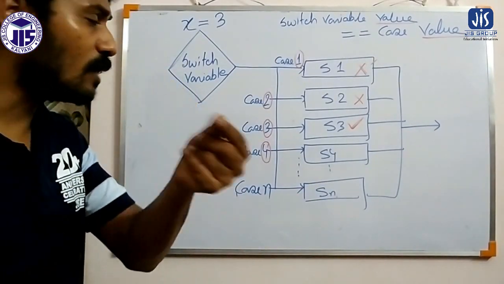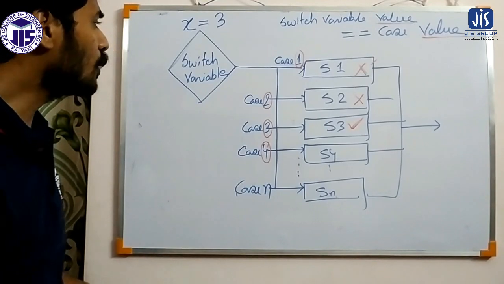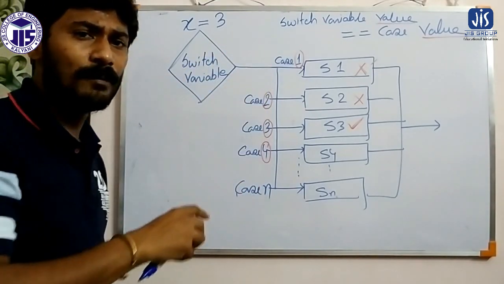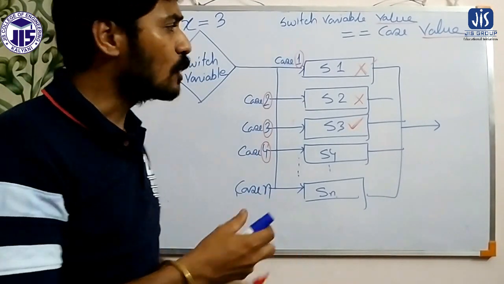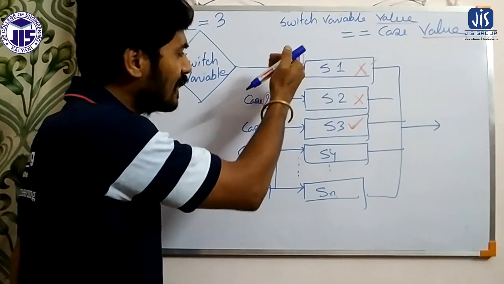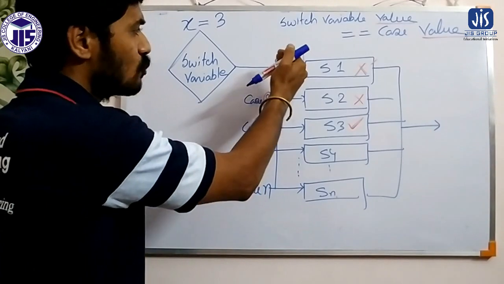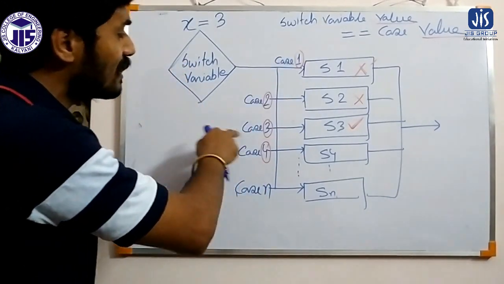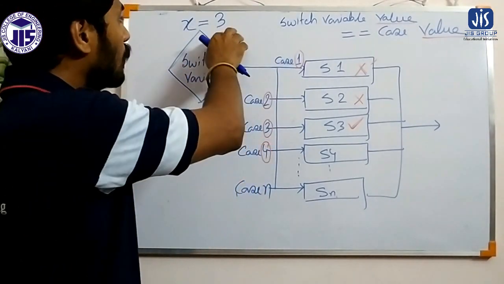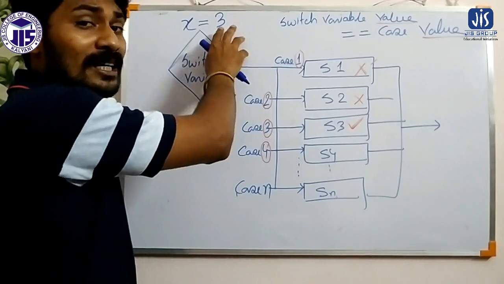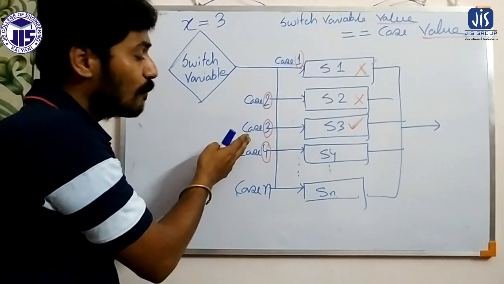And another very important point is that when we compare the variable value with the case values, it will start from the beginning. Each and every case it will compare. First case 1, then case 2. It will not directly jump to the particular case. My value of the x variable is 3, but it does not mean that it will directly jump to case 3.